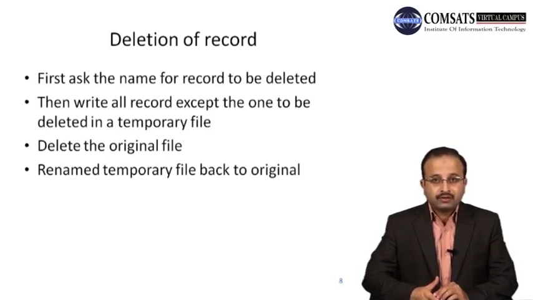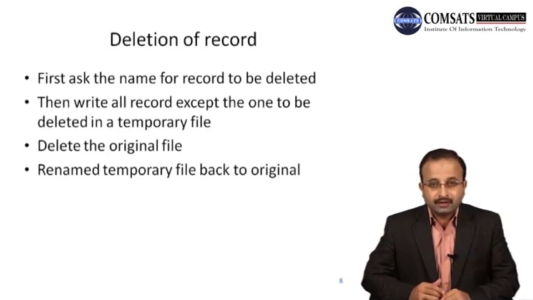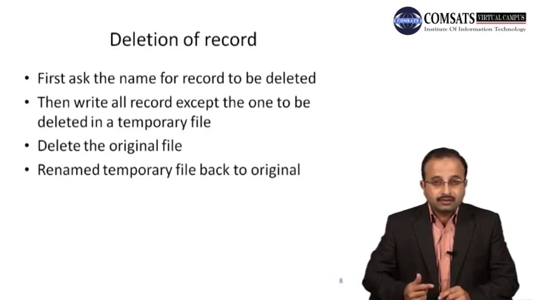So you read the first record, the name is not the same, you write it in the temporary file, and then you read another record. If the name is the same as input by the user, then you won't write that record in the temporary file. In this way, when this process completes, you have read all the records from the original file and written them in the temporary file.